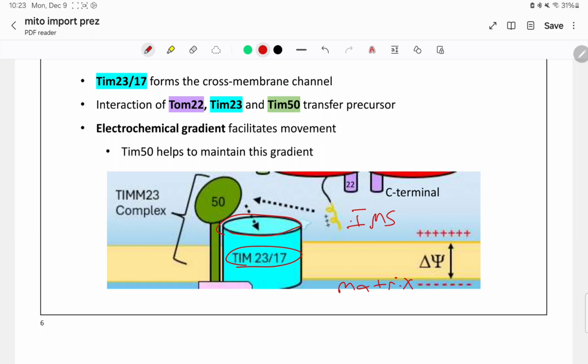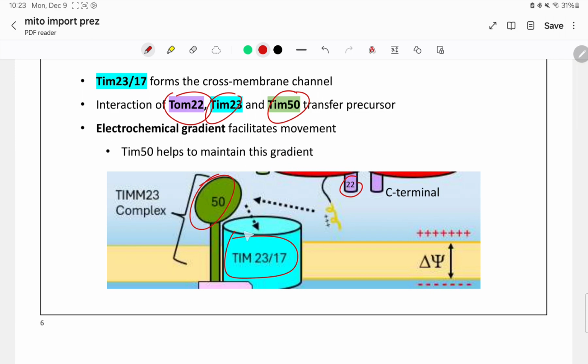Now, there's going to be a couple of ways that once this protein is threaded in, here's our precursor protein, it can actually get towards this TIM23. There's a couple of ways, so pay attention here. It involves the interaction of TOM22, so here's TOM22, TIM23, right here, and TIM50, okay?